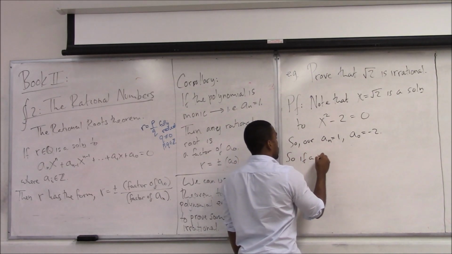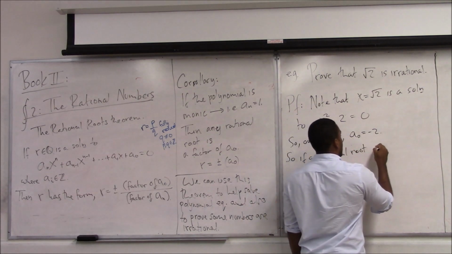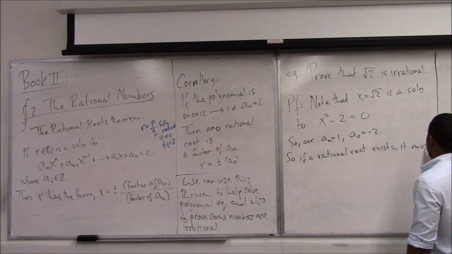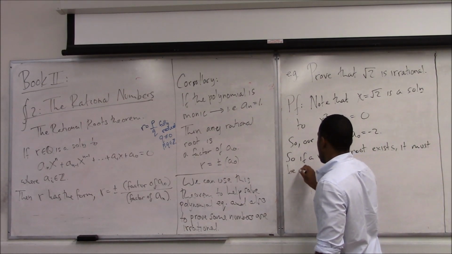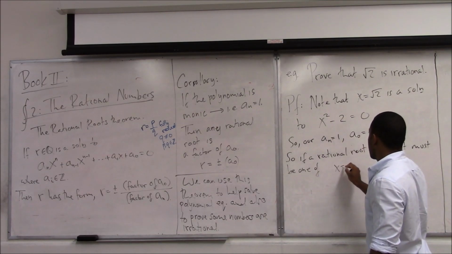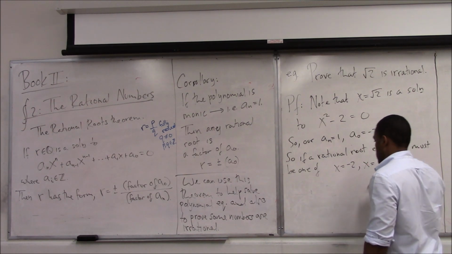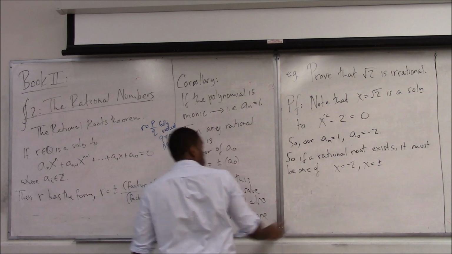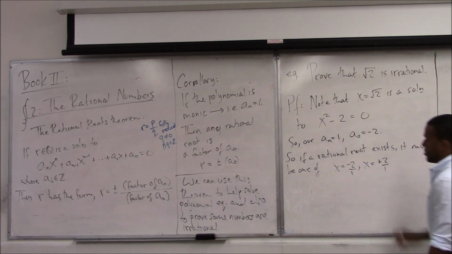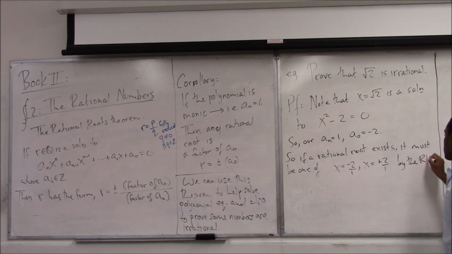So if a rational root exists, it must be either minus 2 or plus 2, by the rational roots theorem.